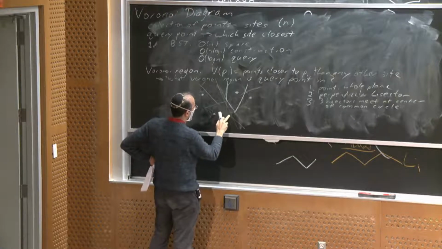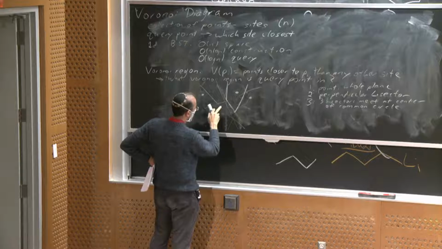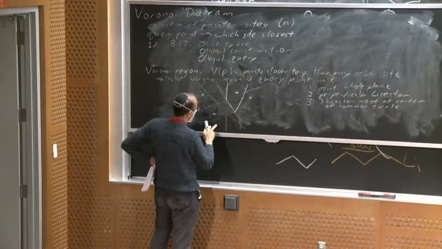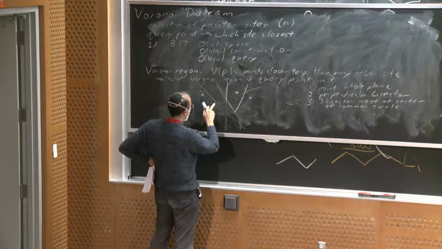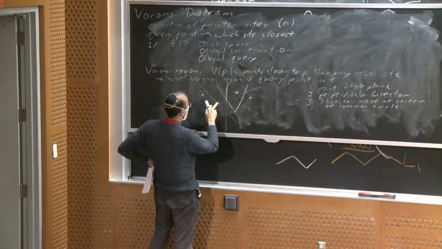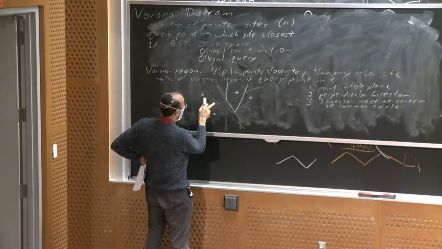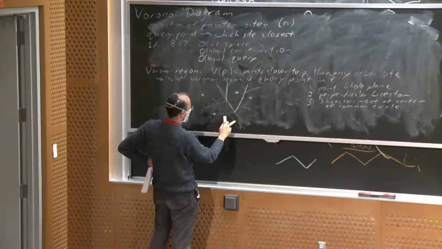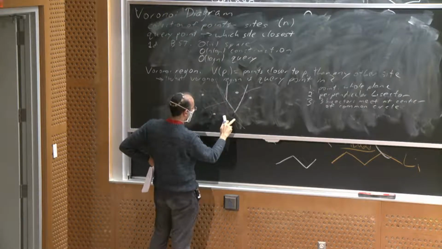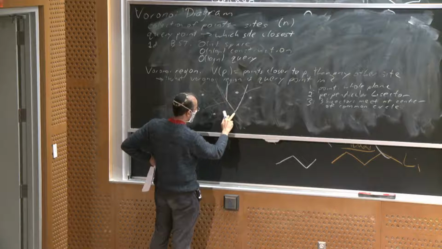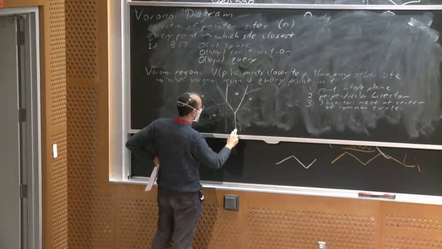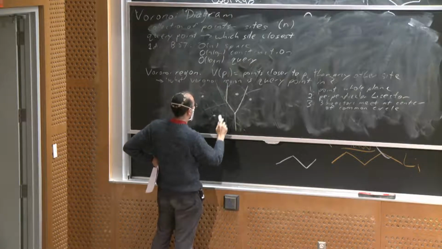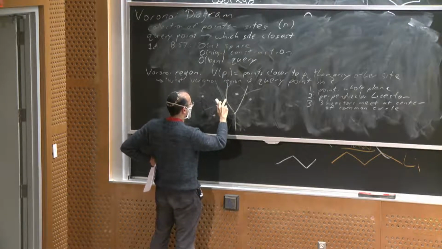So I think we can do away with this. This is still here. This doesn't matter. This one doesn't matter. So we'll have something that looks kind of like this. I think that's about right.